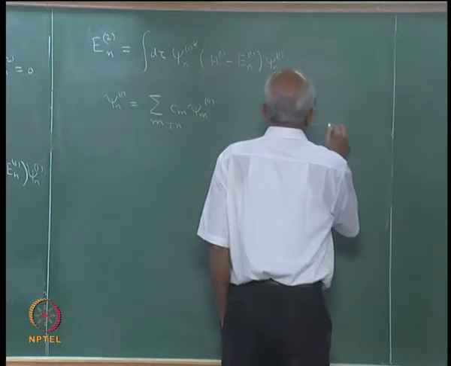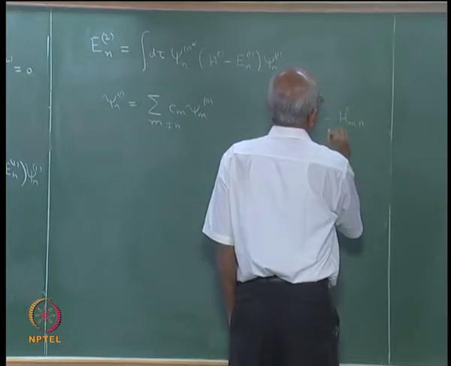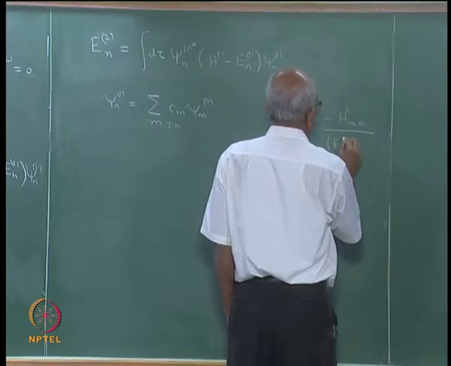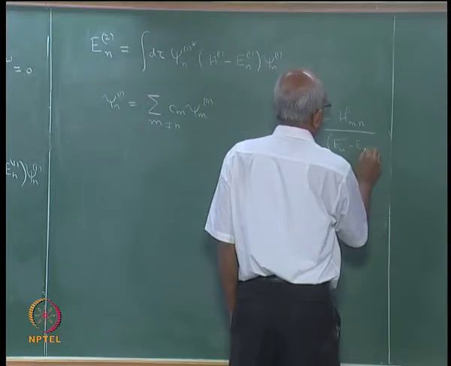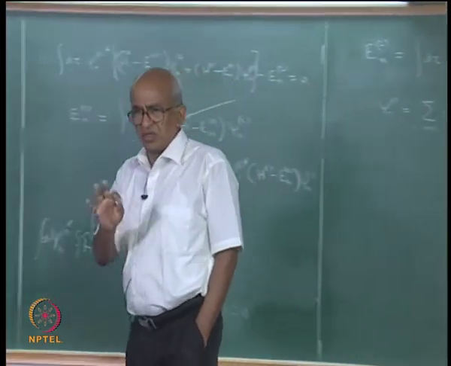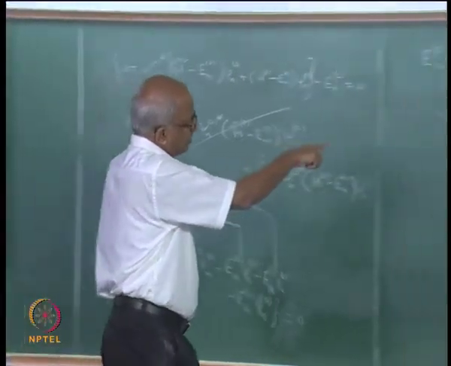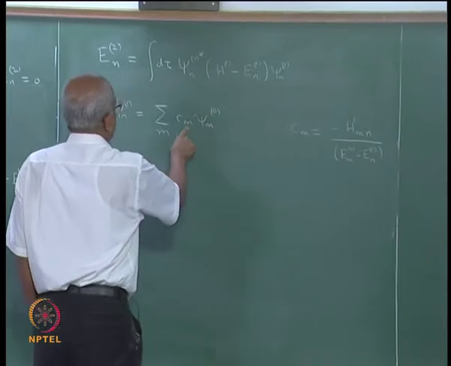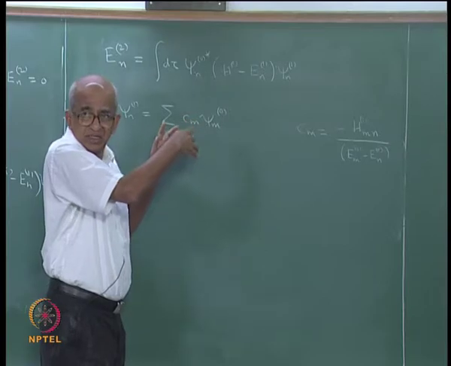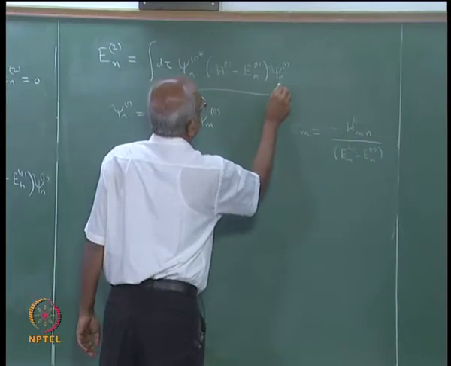We derived the expression for this: minus Hmn divided by the energy difference. Is that correct? I suppose it is. There may be an error in the sign, just check it. I will use this value later, but at the moment I will use this expression, because otherwise the expression looks very complicated. So let me just keep things simple and substitute this in here.